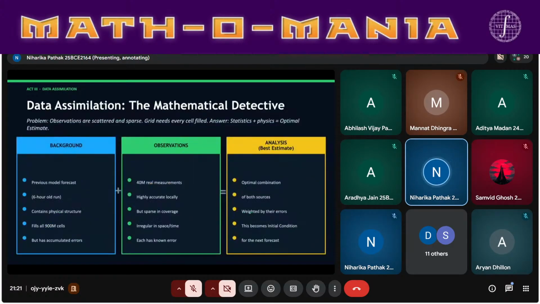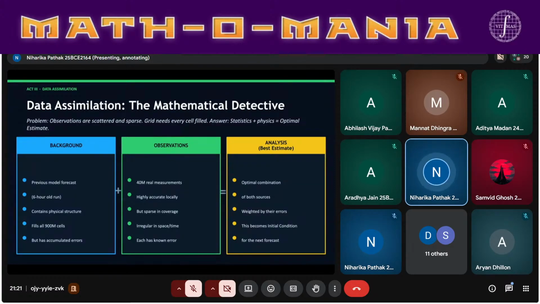We have about 40 million observations, as I previously told, and we have 9 million grid cells, each needing 6 values every 6 hours. But the observations don't line up with the grid. They are scattered, irregular, and some are more accurate than the others. This is what we call the data assimilation problem.